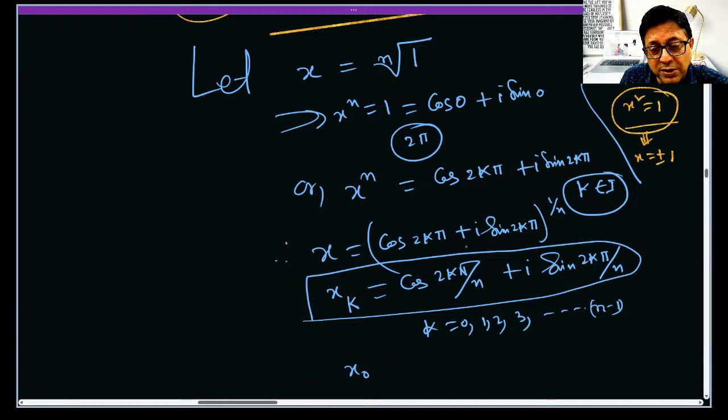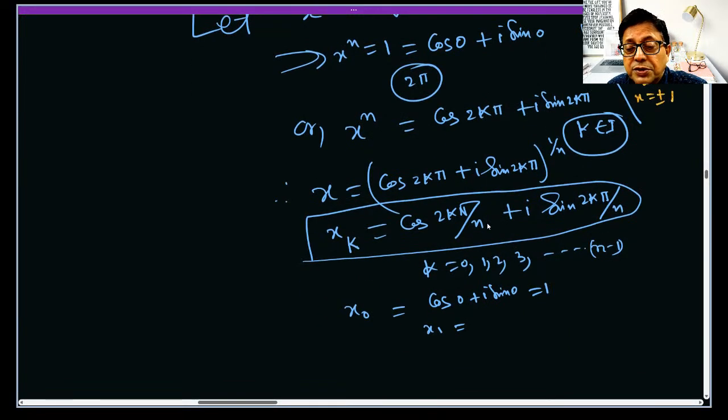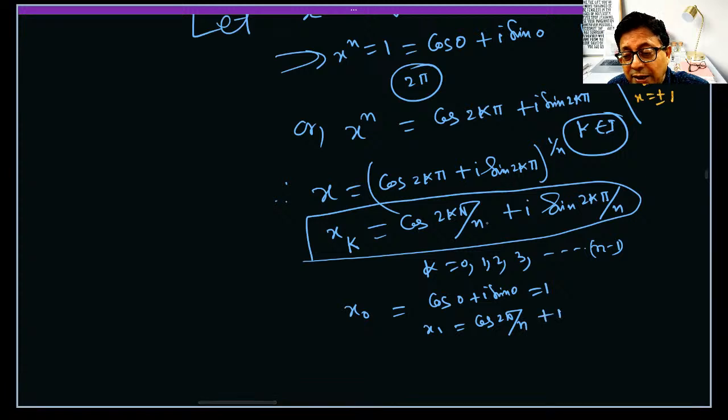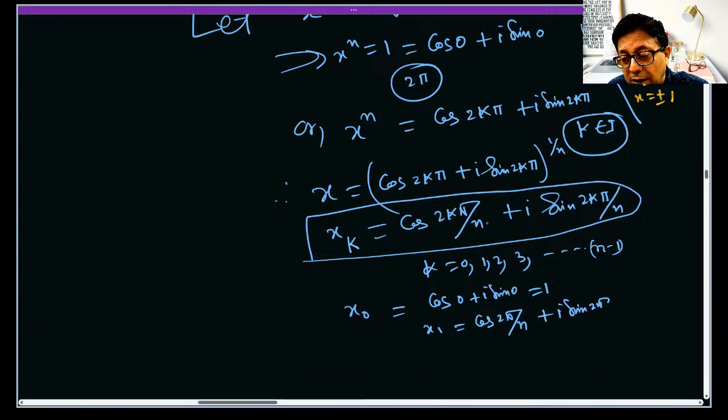So the first root is what? x0. This is nothing but cos 0 + i sin 0. That is 1. Second root is what? For k equal to 1, this is going to be cos(2π/n) + i sin(2π/n). x2, understand?